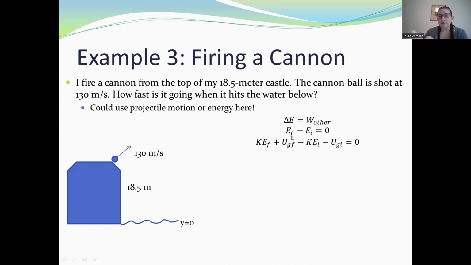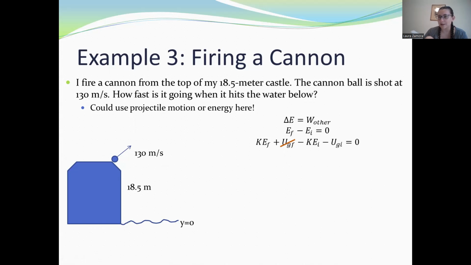So our final energy is kinetic energy plus potential energy. Our initial energy is kinetic initial plus potential initial. And so that equals 0. Since the cannonball is ending up in the water at our height of 0, we don't have a final gravitational potential energy, right? Because that takes into account the height of the object.